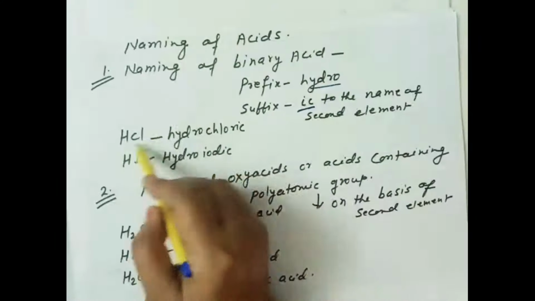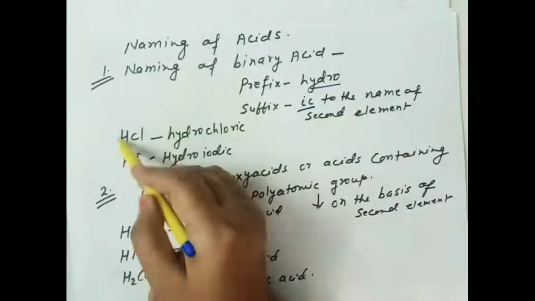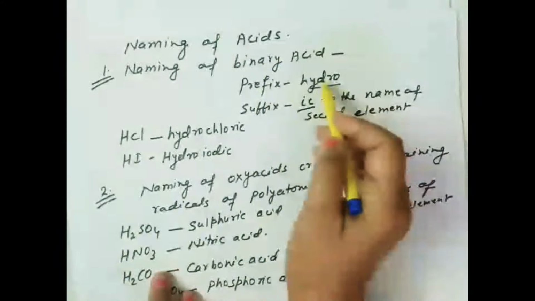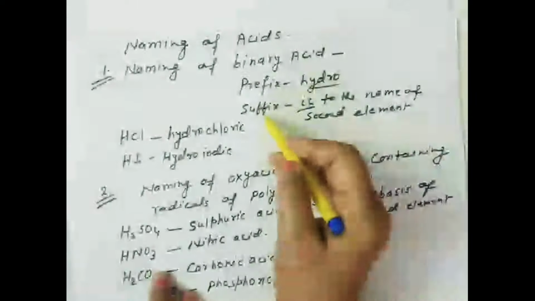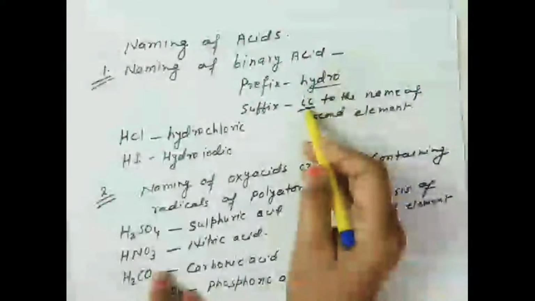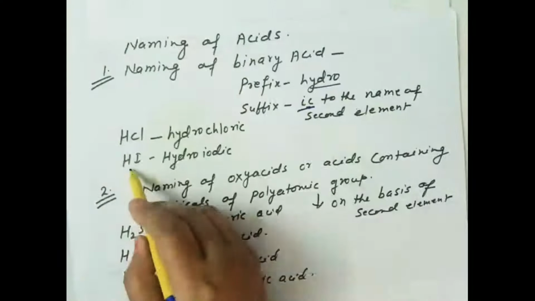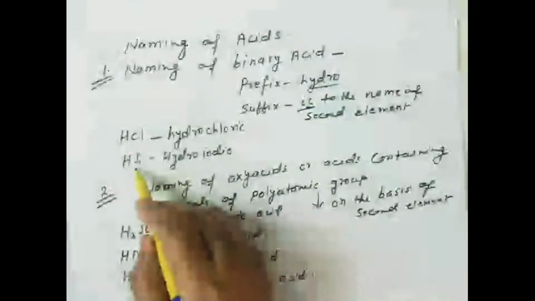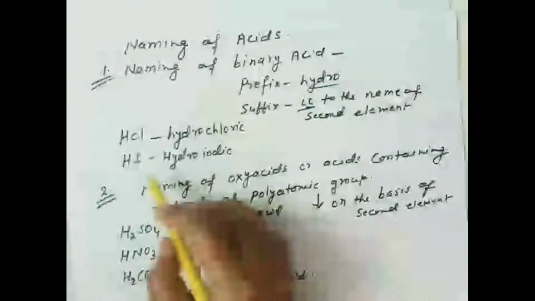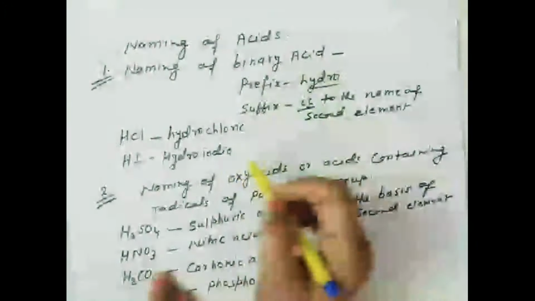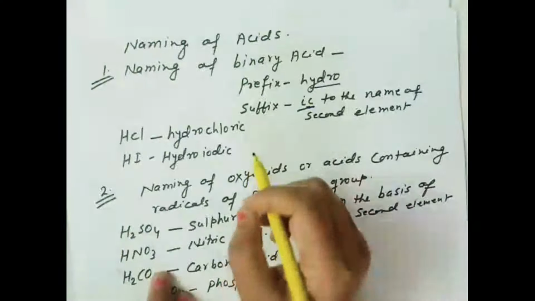So it is a binary compound. For hydrogen we use the prefix hydro, and for chlorine the suffix ic, chloric. HI is also a binary compound. So for hydrogen we use hydro, for iodine we use iodic, the ic suffix is used.